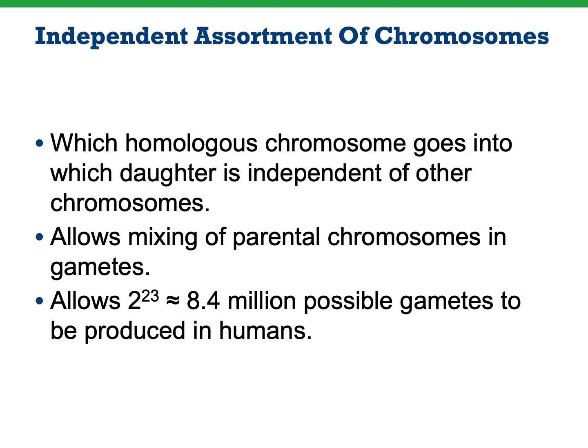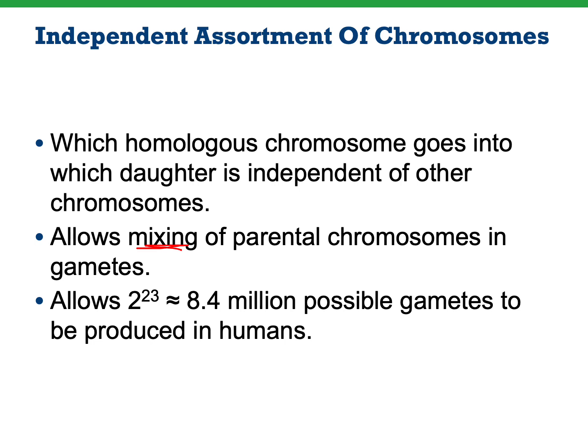Okay, so a little bit more in depth about independent assortment of chromosomes. This refers to where homologous chromosomes go into daughter cells being independent of each chromosome. That is to say, one chromosome from your mother and one chromosome from your father may randomly end up in the same haploid set. This allows for the mixing of parental chromosomes in gametes.